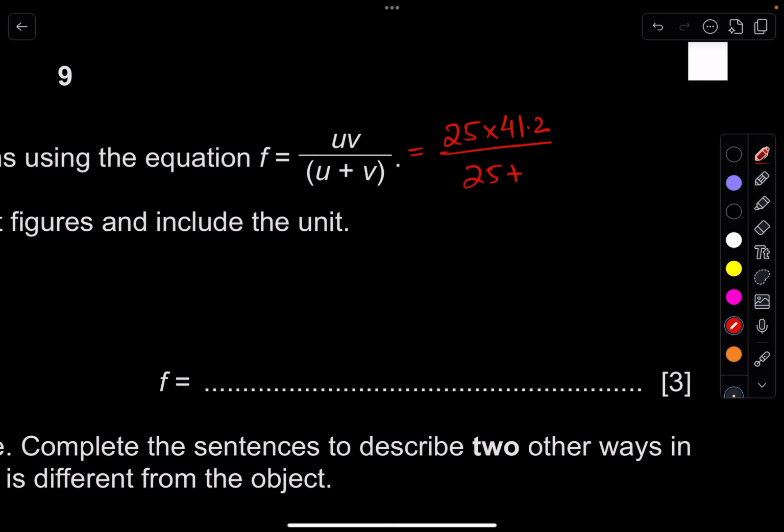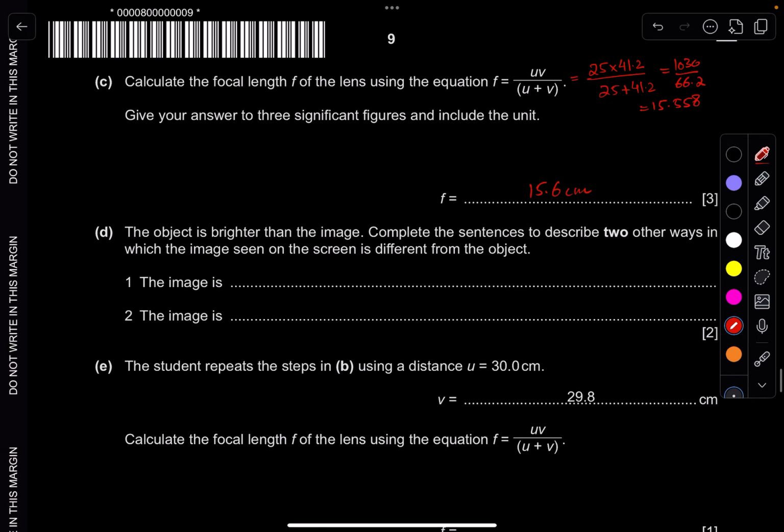So 25 times 41.2 gives 1030, divided by 25 plus 41.2, which is 66.2, that will be 15.558. Okay, so you can round it off and write it as 15.6 centimeter in 3 significant figures, right?